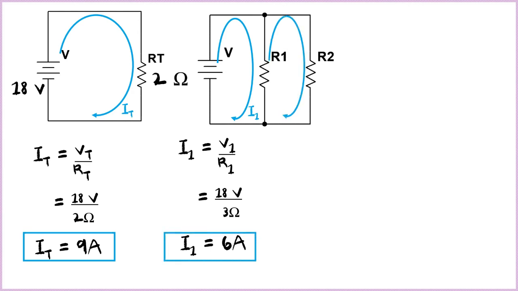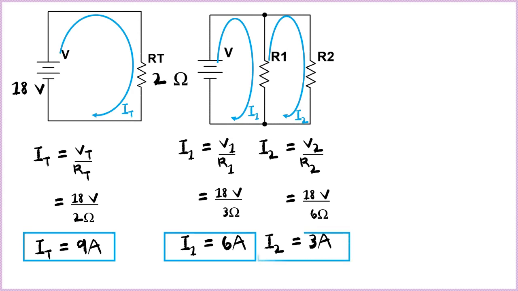And the current flowing through R2 is I2 equal to V2 over R2, which is equal to 18 over 6, and I2 now is equal to 3 amperes.